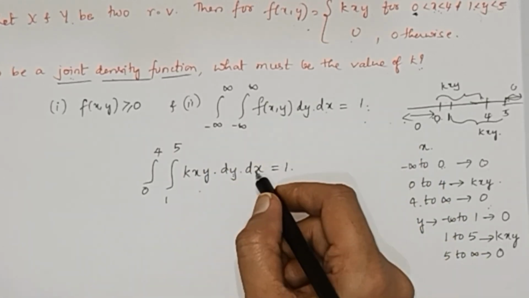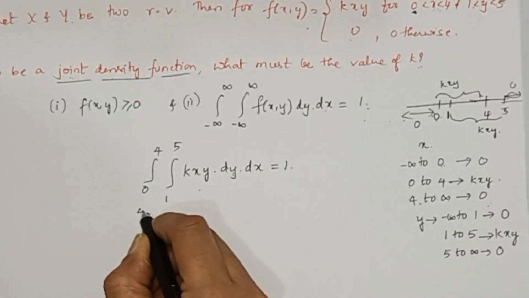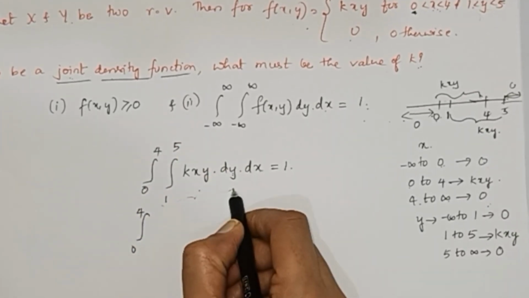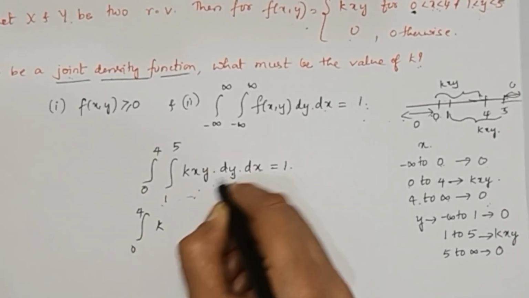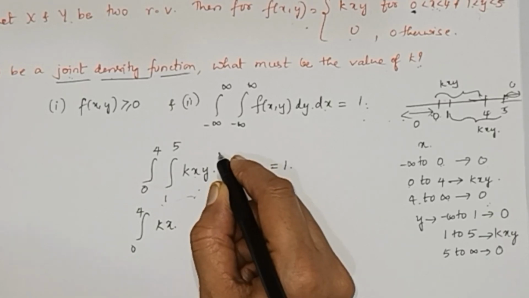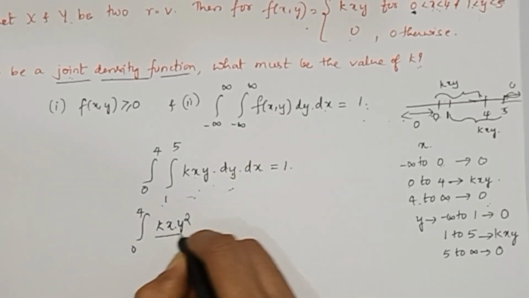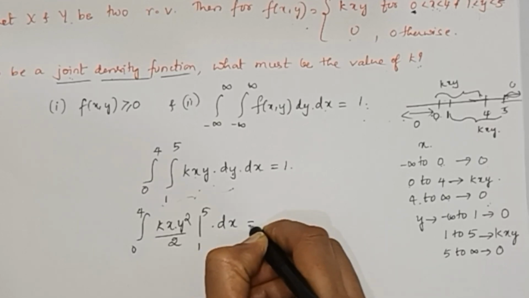When you are integrating with respect to x, you have to treat y as constant. So 0 to 4 keep as it is. Let us integrate the inner integral first. So k is a constant, and with respect to y, x is also treated as a constant. Integral of y is y square by 2 from 1 to 5, then dx as it is.